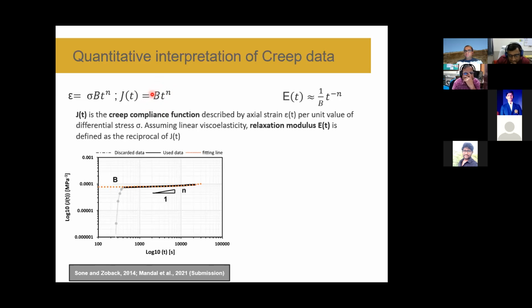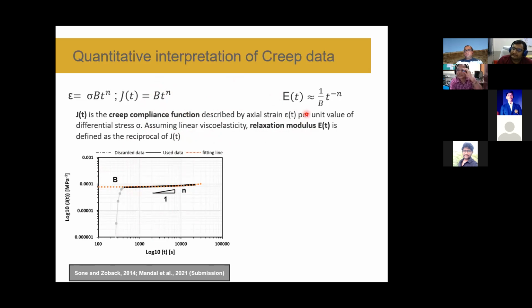By b we mean the instantaneous response of the rock at a particular given stress, and n is how the deformation happens over time. So the n component derives your time-dependent behavior, and b expresses your elastic response.